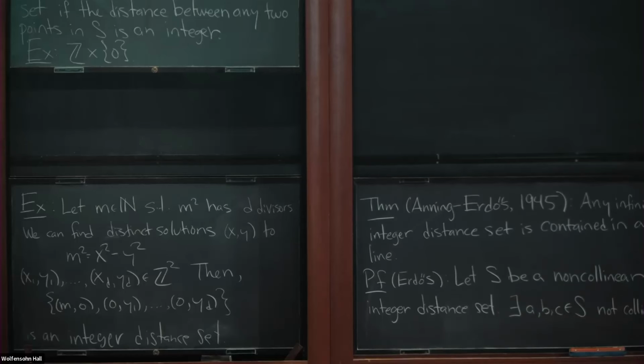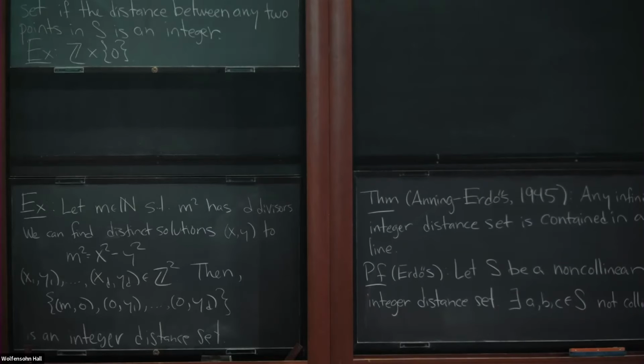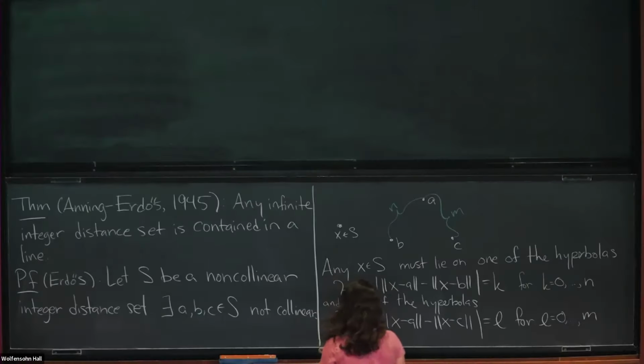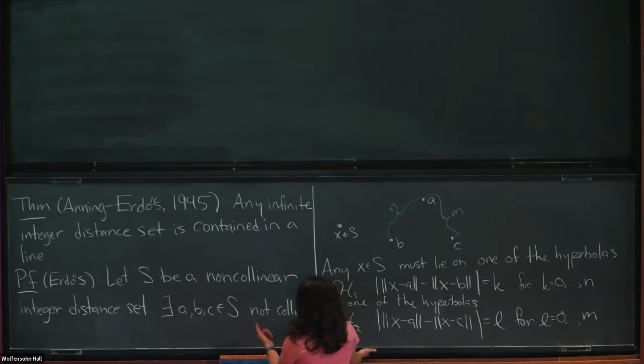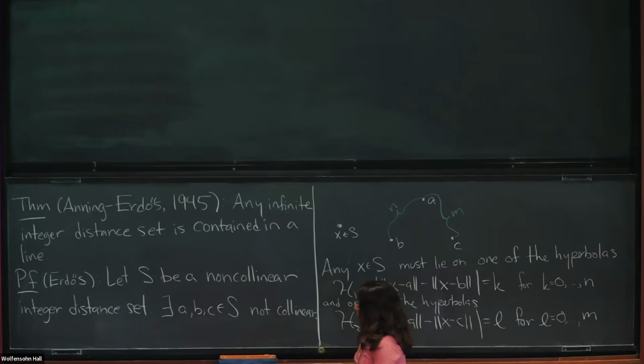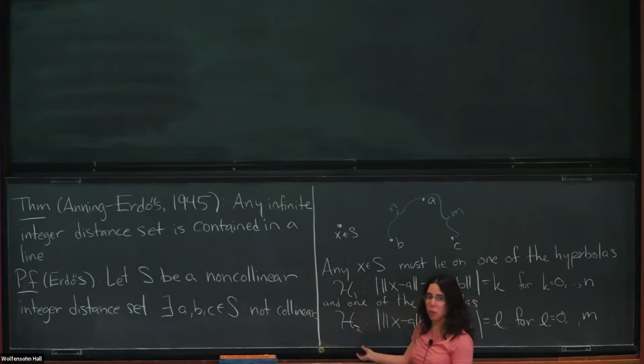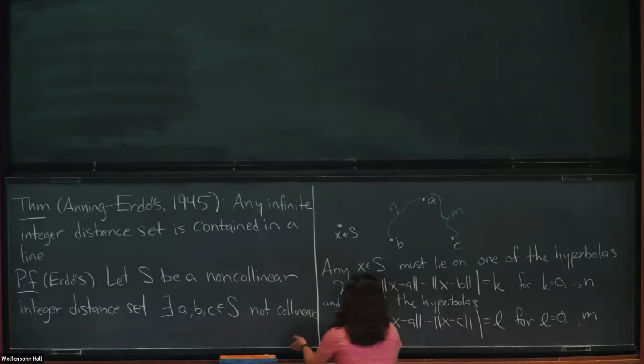So this gives an example with all but one point lying on a line. And Anning-Erdos also gave a family of examples of arbitrarily large integer distance sets with all points lying on a circle.